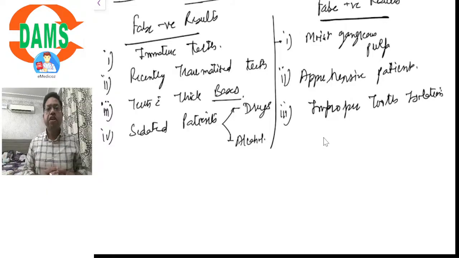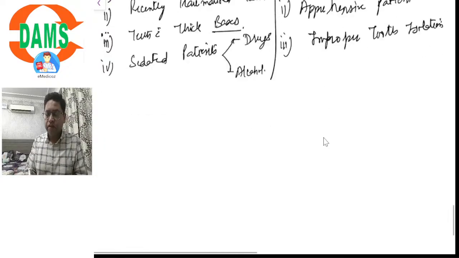There is actually no need for you to just cram them. You can just understand what is false positive and false negative, and you would anyway have 4 options in any question. You can look at the options and answer whether it is a false positive condition or a false negative condition. So these are the pulp sensibility tests.